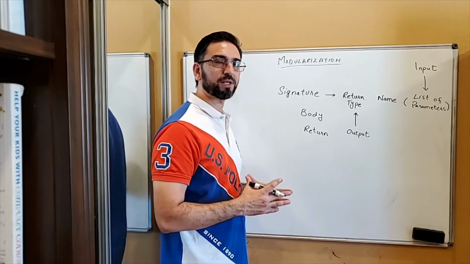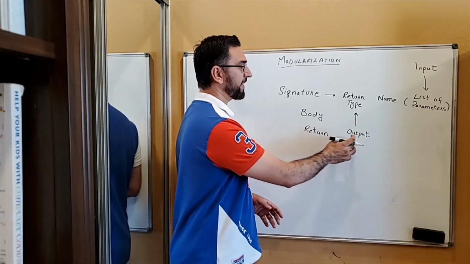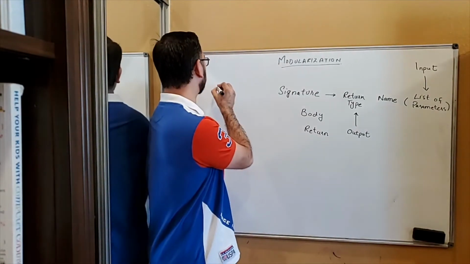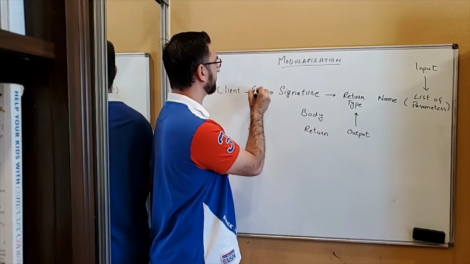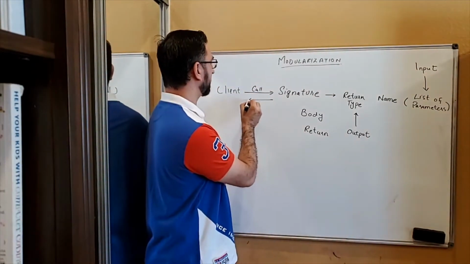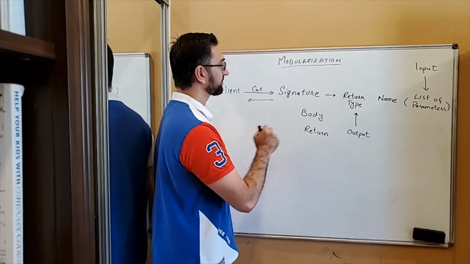In most programming languages, return is the keyword used which can return the value to the caller of this function, right? So if I'm a client of this function, I call this function, okay? And then in return, I get back whatever value is returned by this keyword return, okay?